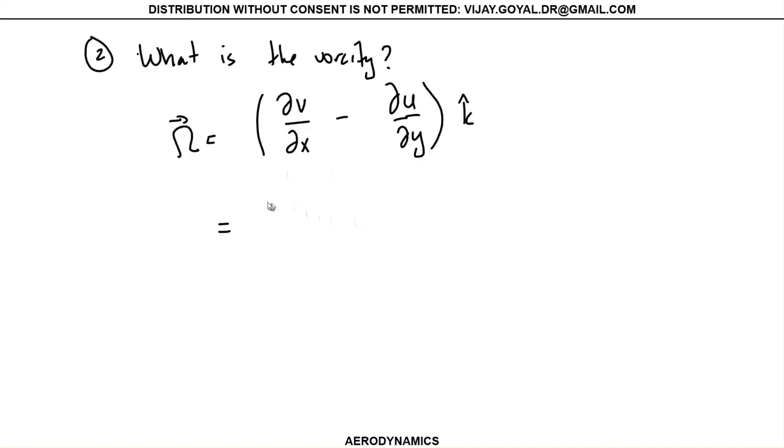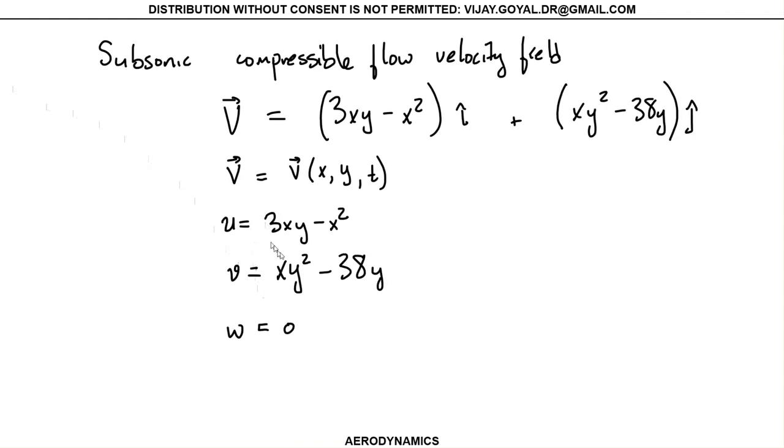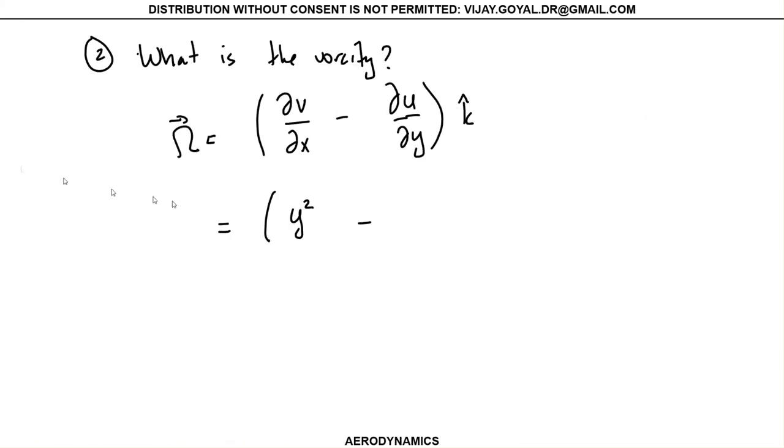Okay, so this gives you y squared minus this with respect to y, so it gives you 3x, minus 3x, k.